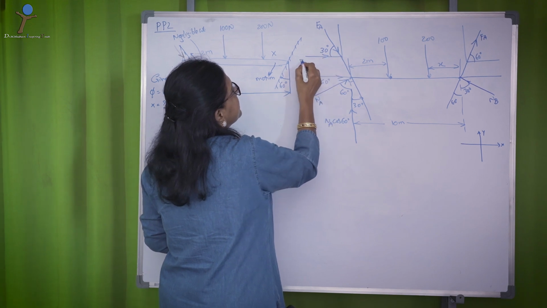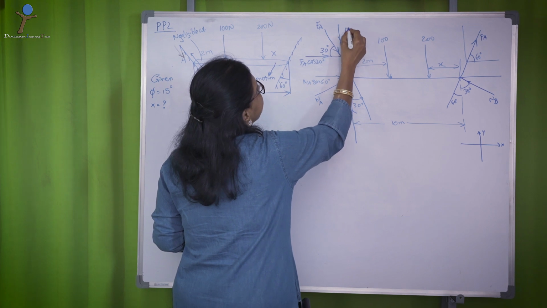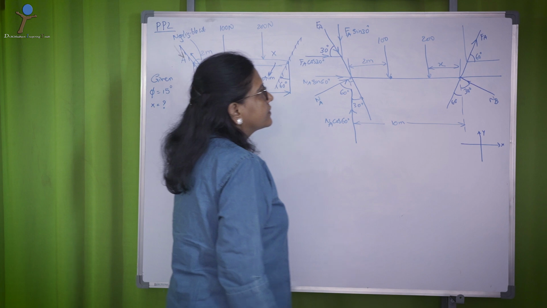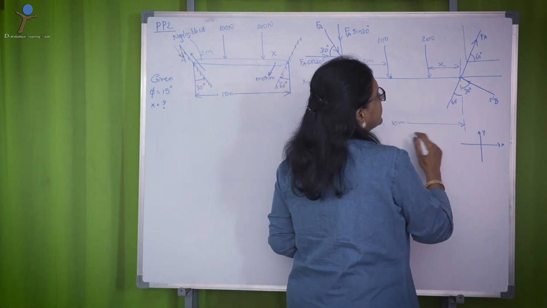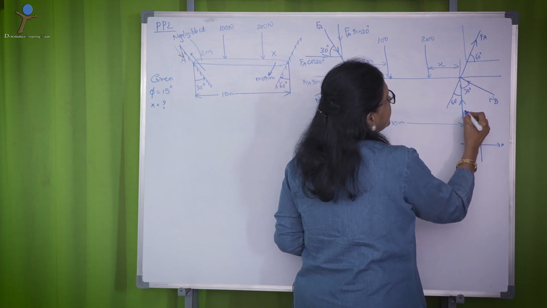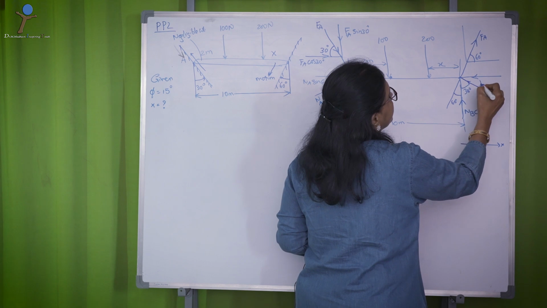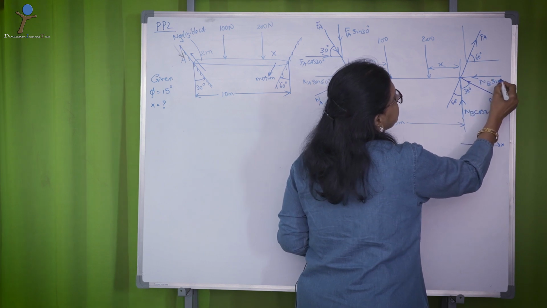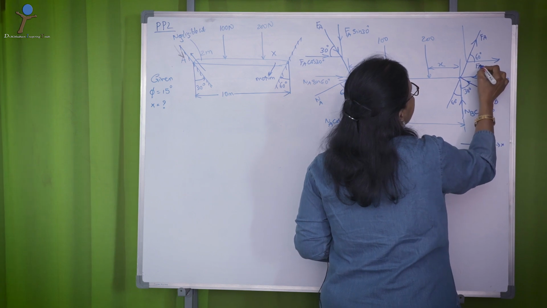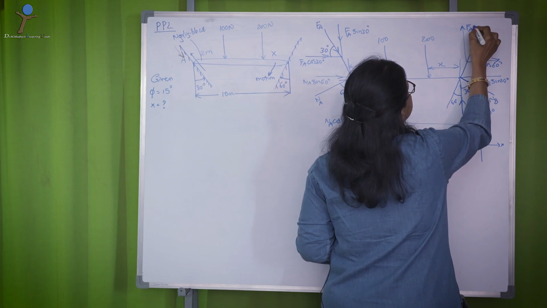So, this is FA cos 30 and this is FA sin 30. Now, if it is NB, then your resolved component NB cos 30 and NB sin 30. FA in that direction gives you FA cos 60 and FA sin 60.